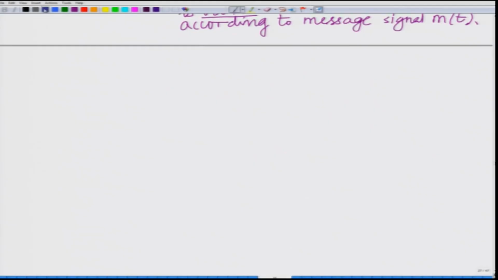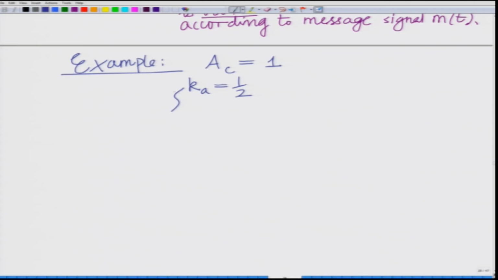To understand this, let us look at a simple example, described by a picture. Let us consider Ac, the amplitude of the carrier, to be 1. Remember, Ka is the sensitivity. Let us choose Ka equal to half, and fm, the message frequency, equal to half.